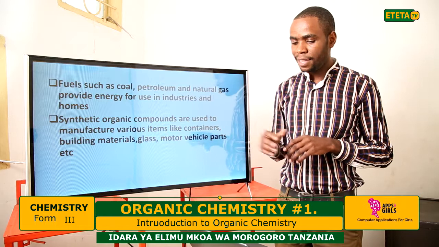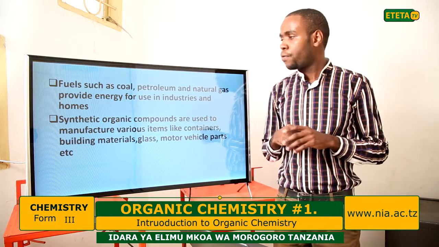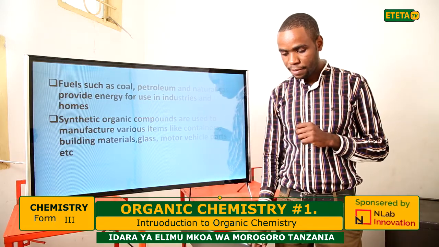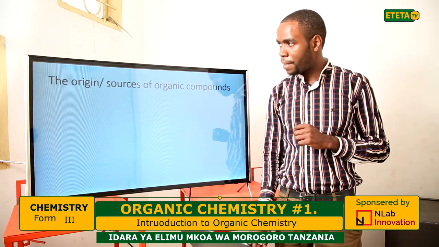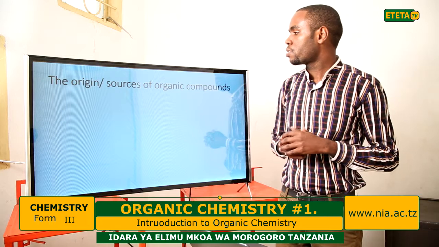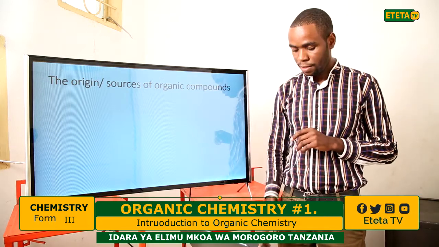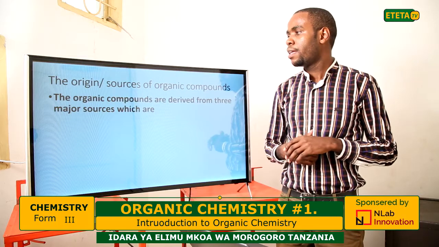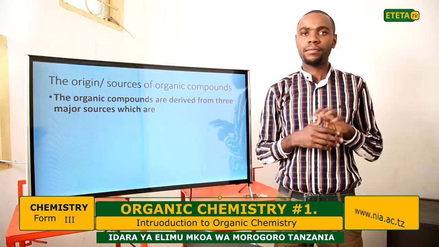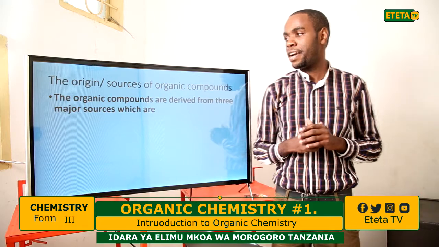Now, after explaining to you the importance of organic chemistry, let us go to another part, which is called the origin or sources of organic compounds. Organic compounds are derived from three major sources.